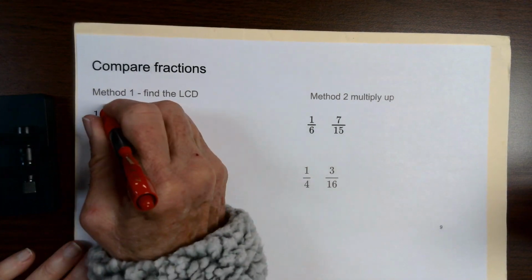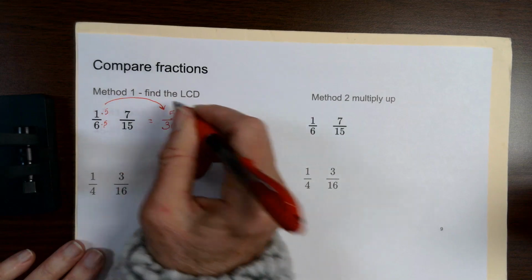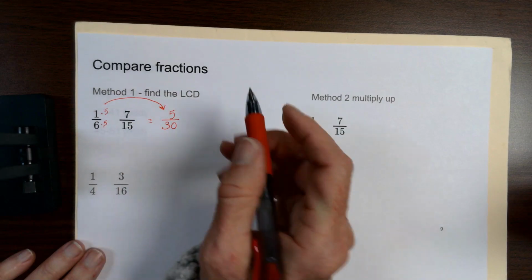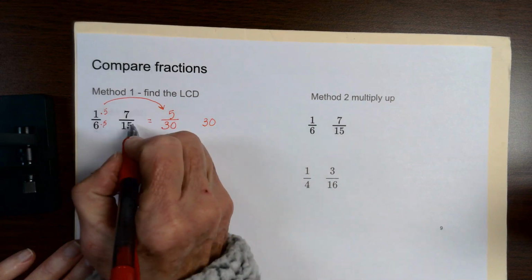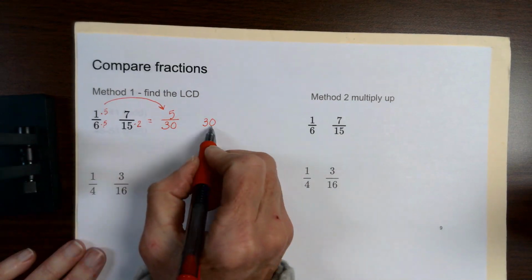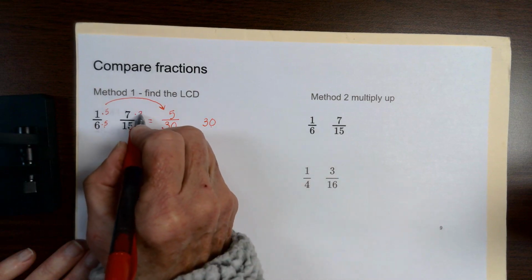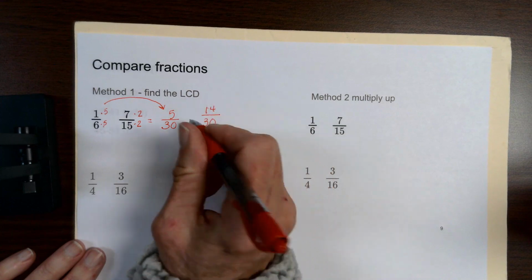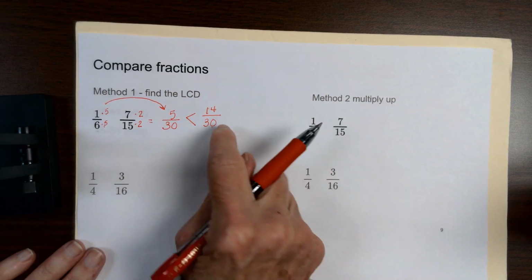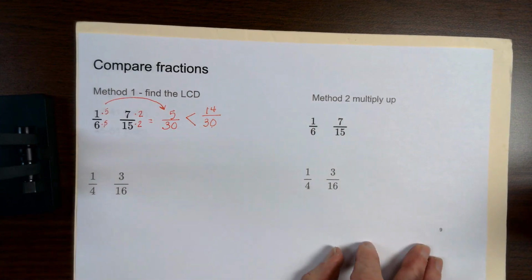So this fraction, 1/6, can be renamed as 5/30ths. Then I have the other fraction, and I would have to multiply 15 times 2 to have it equal 30, so I have to multiply the top times 2. So that's going to give me a 14 over 30, so obviously that is bigger.